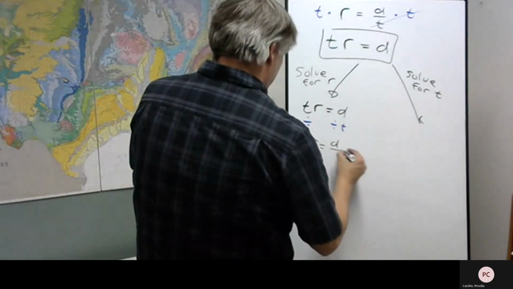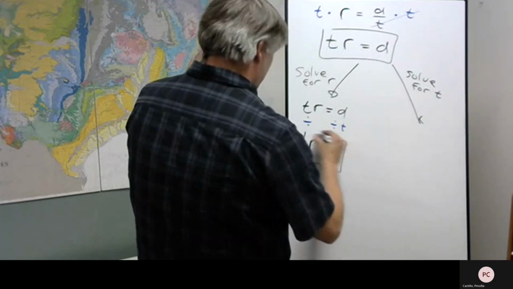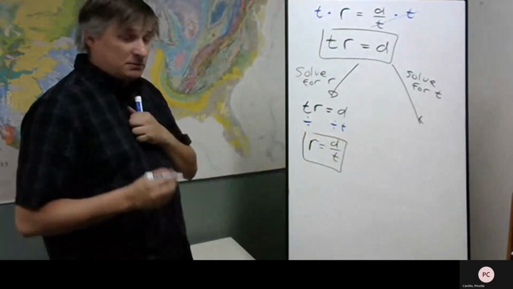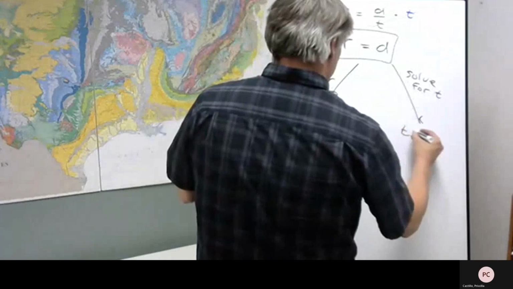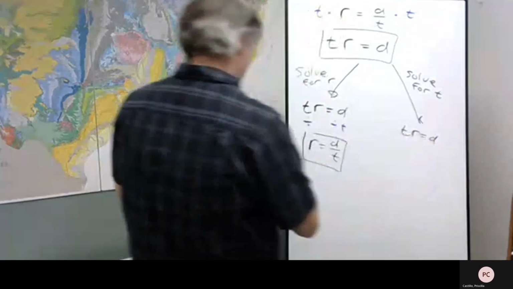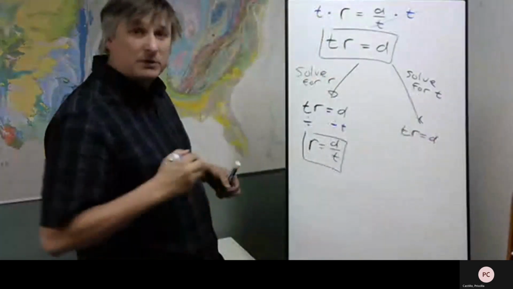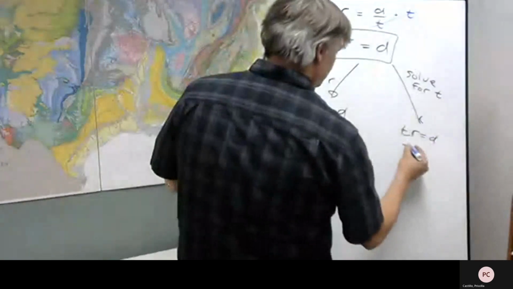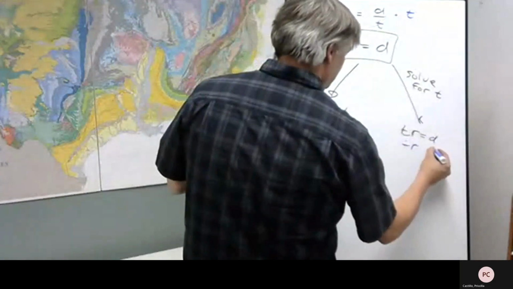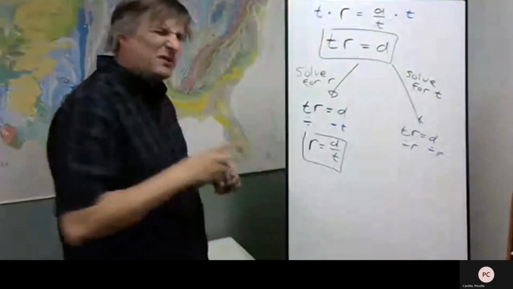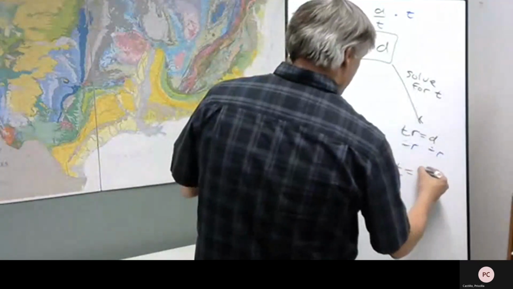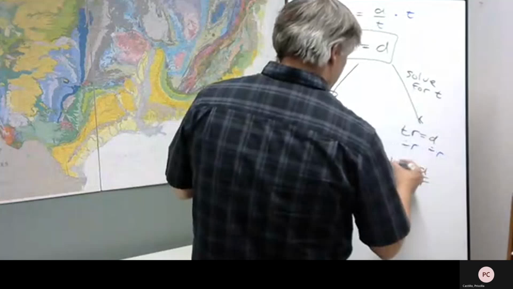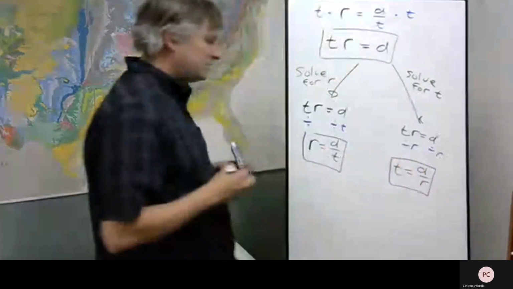R equals d over t. Or we have tr equals d. We're solving for t, so we divide by r. And this is the one they have in the textbook, and this is one you use a lot in these problems. Time is distance over rate.